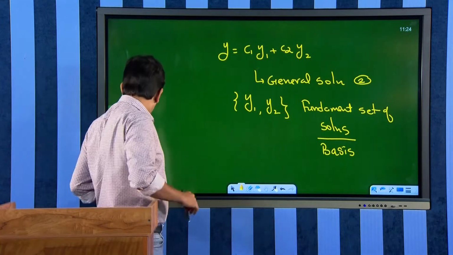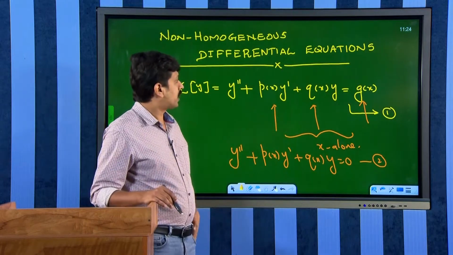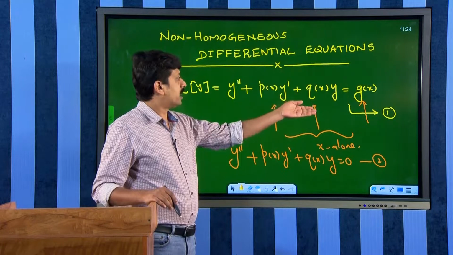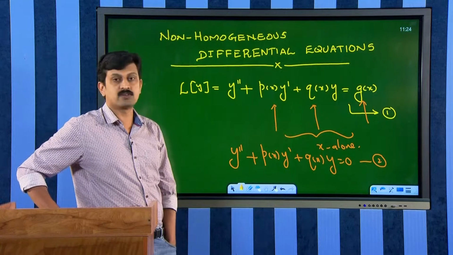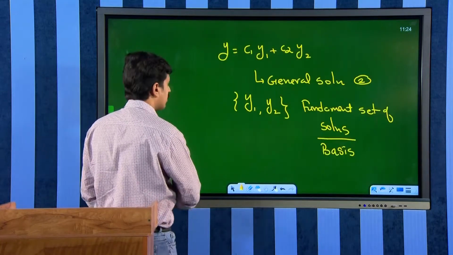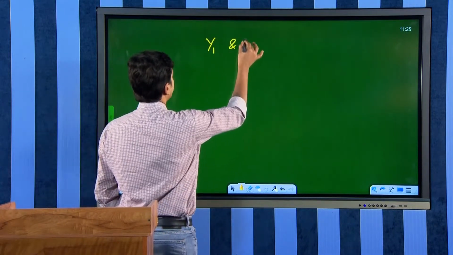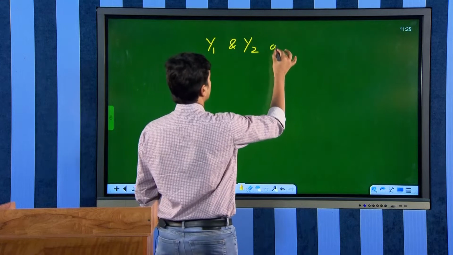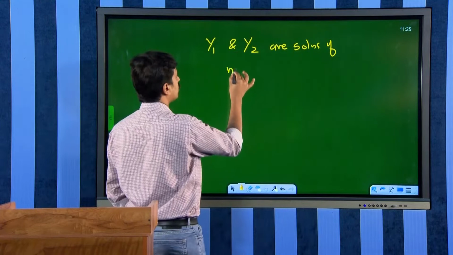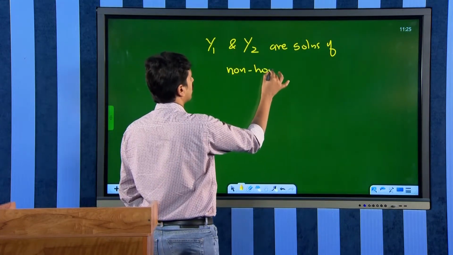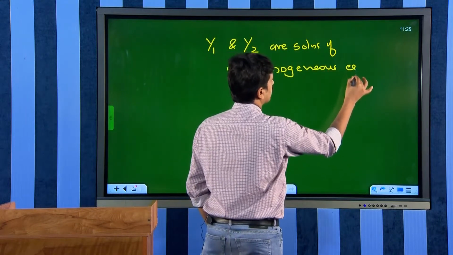Come back to equation 1. Let capital Y1 and Y2 be solutions of the non-homogeneous equation 1.